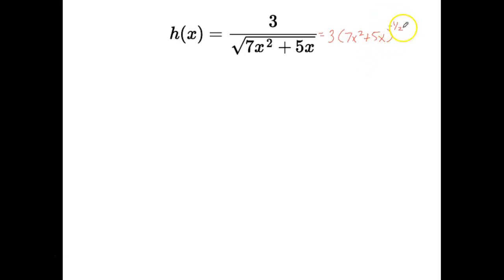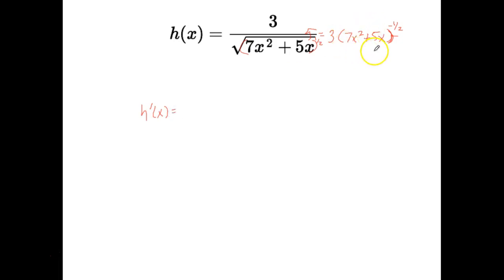Now, I might have skipped a couple steps there when I wrote this as a negative half. This whole thing is just written as a half, right? And then I want to move it to the top so I can use chain rule, which would make that exponent negative. So now we're going to have 3 times 7x squared plus 5x raised to the negative half. And now it's rewritten. I can already start taking the derivative using chain rule.